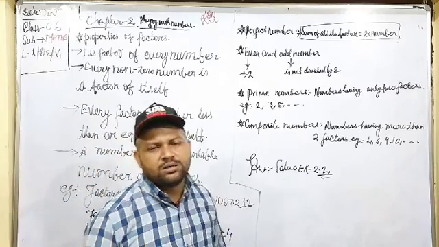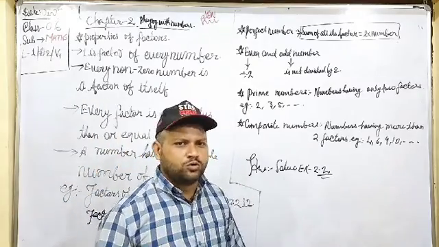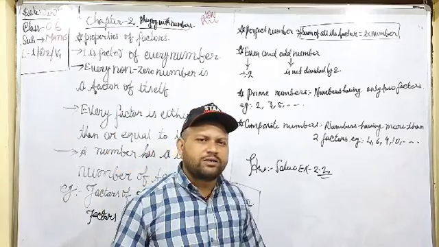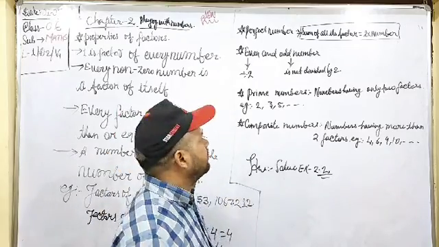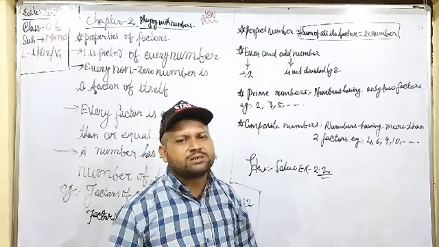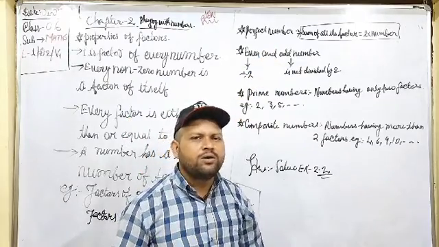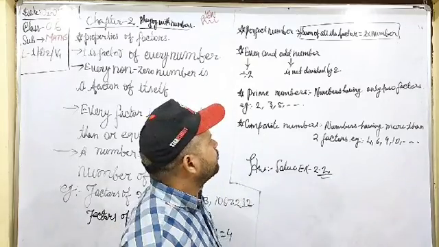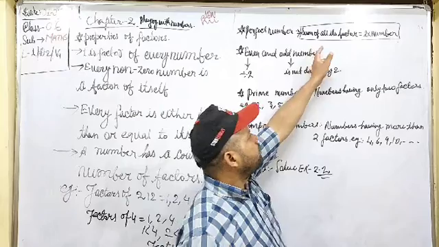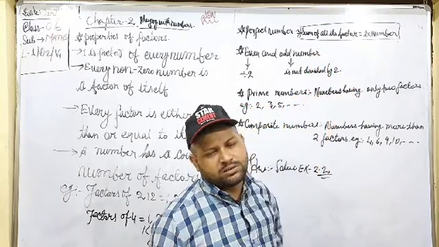Now let us come to know some different types of numbers used in mathematics. One is a perfect number. How can we understand a perfect number? Please remember one thing about it: the sum of all its factors.